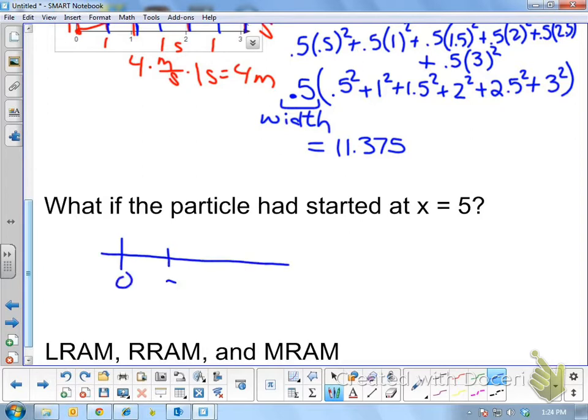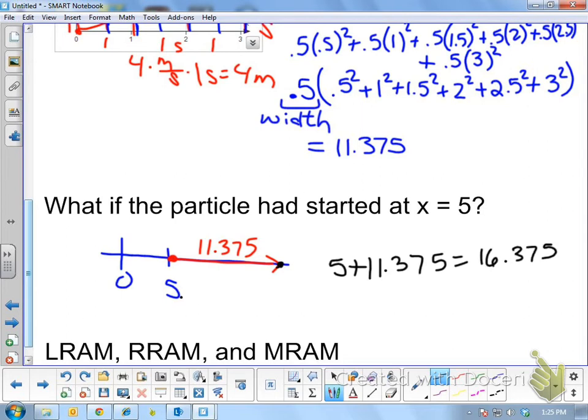If our particle started at 5 and then traveled 11.375 meters, we just finish at 5 plus 11.375. And again, this is an approximation. We're not finding it exactly yet.